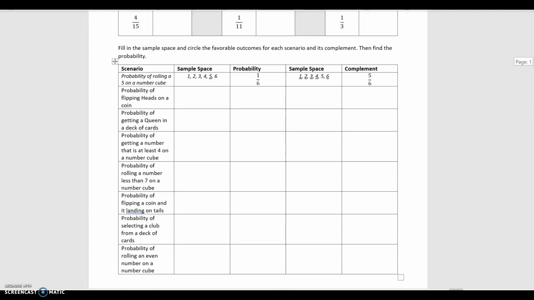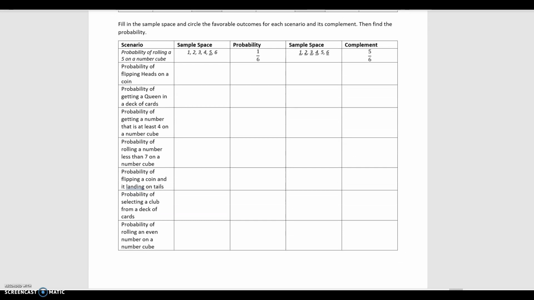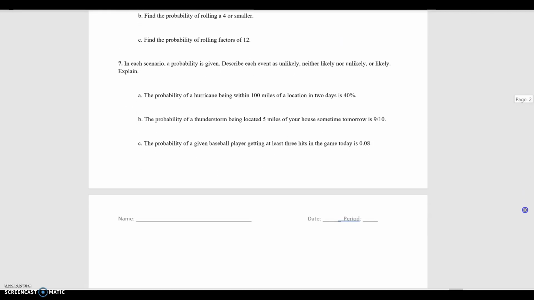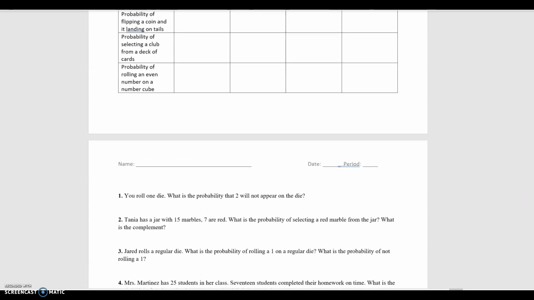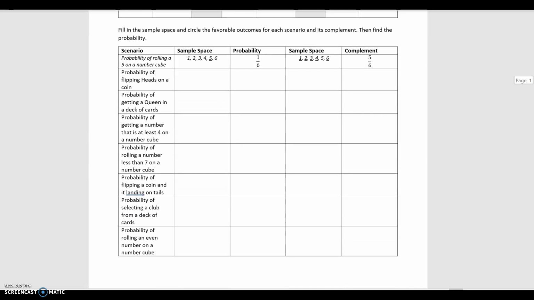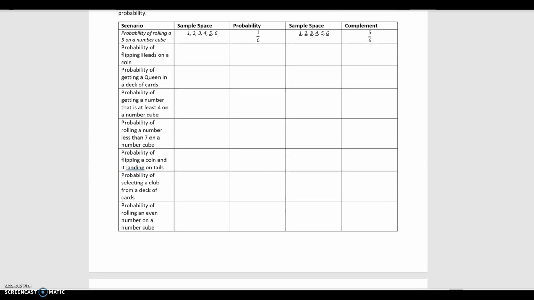We did the front page together. For the most part, you should have finished the bottom here. And then you should be moving on to work on the back, okay? So those of you who need a little extra help, if you would like, you can pause this and do your circles, and then you can come back to this video for a little extra help on probability.